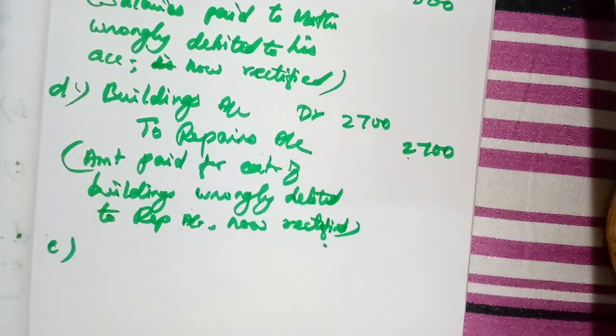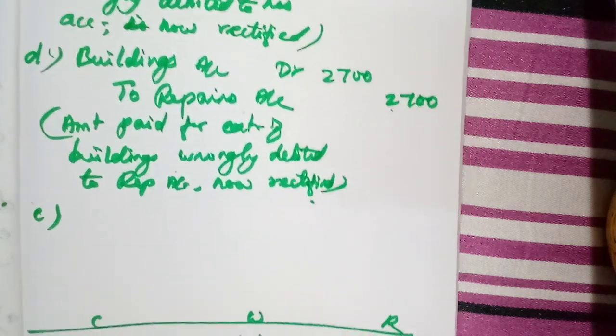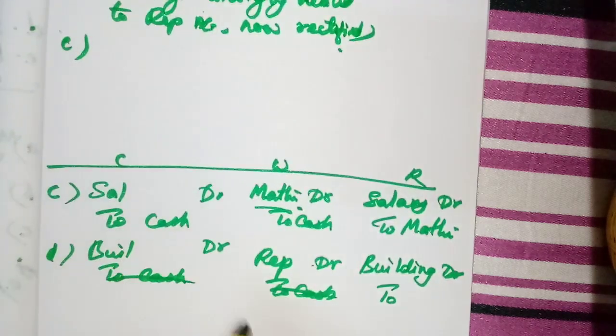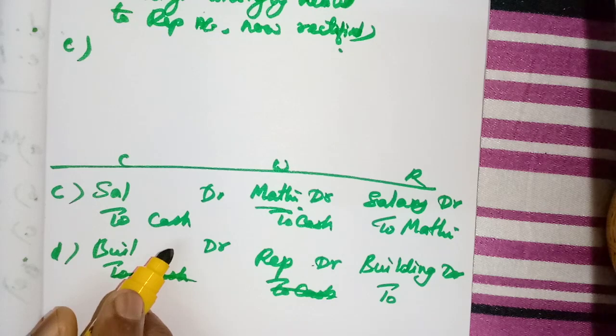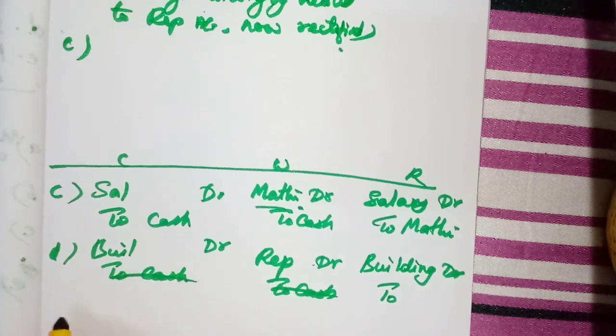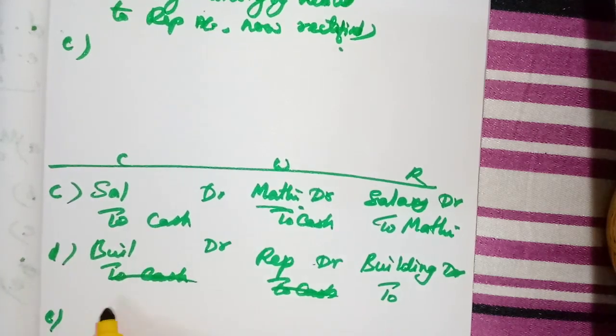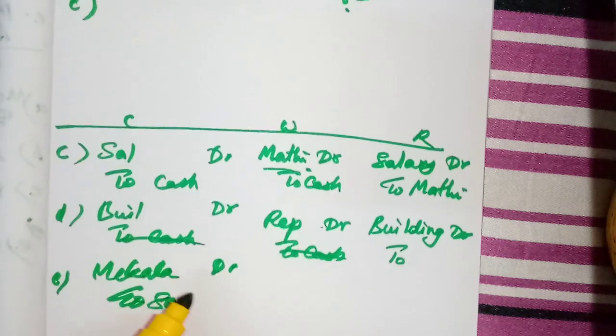Now E. A credit sale of goods of rupees 700 on credit to Mekala was posted to Krishnan's account. So credit sale of goods to Mekala. What is the correct entry? Mekala account debtor to sales.